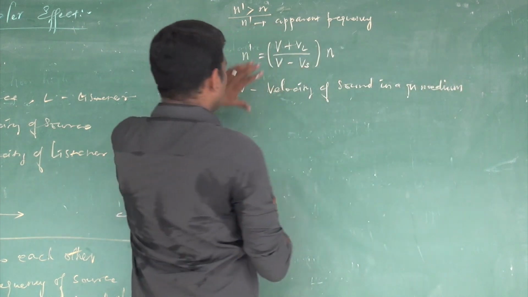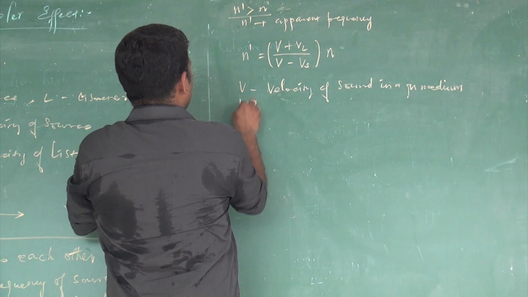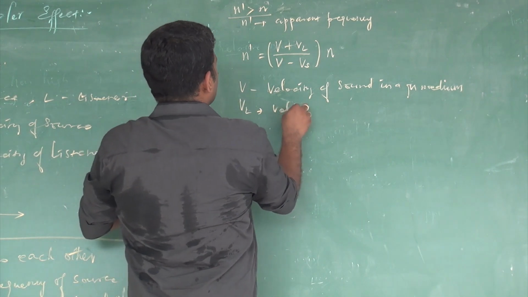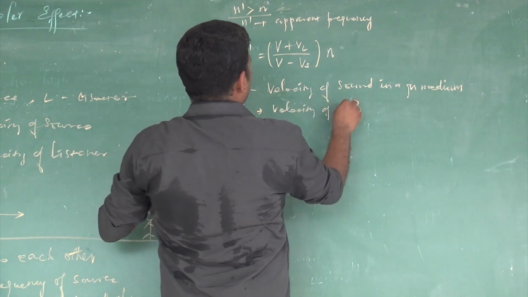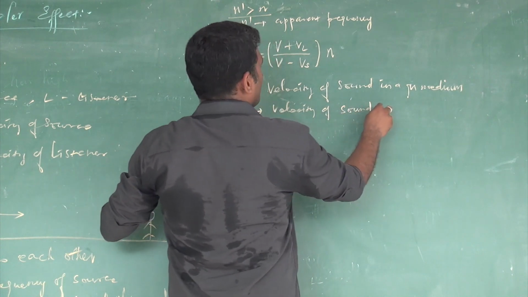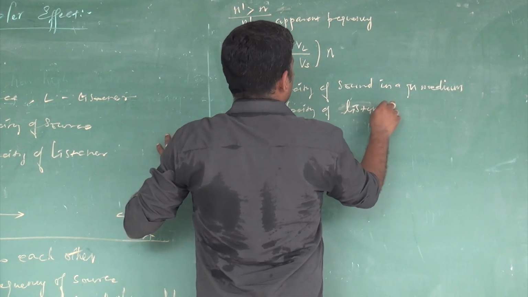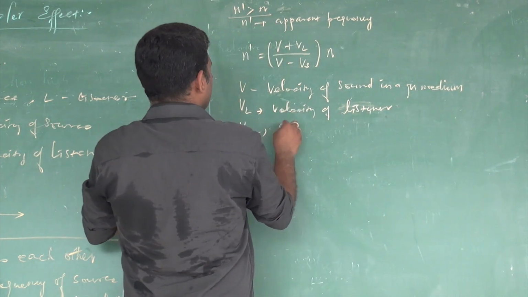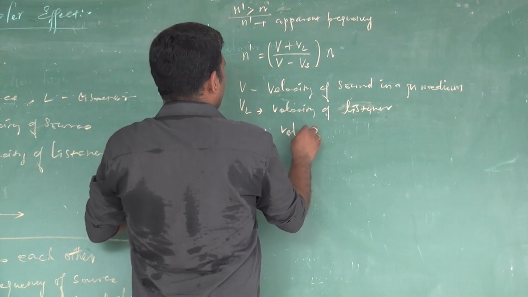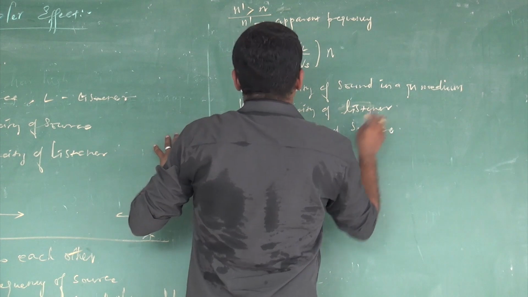We are speaking about three velocities. One, the velocity of sound in a given medium, two, vl, the velocity of the listener, and vs, the velocity of the sounding source.